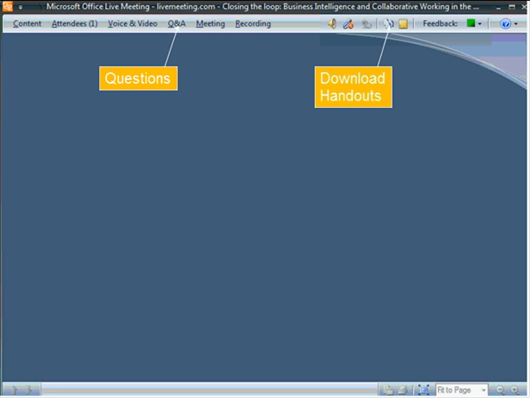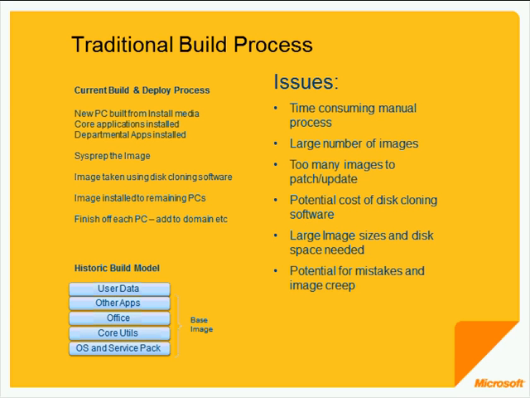So, in terms of today's session, we're going to be covering Windows 7 deployment. And when we look at deployment, this is how we see the traditional build process. Typically, we'd have a PC that would come into your organisation. An engineer would sit down in front of it, essentially with a CD, and would install, let's say, XP at the time.